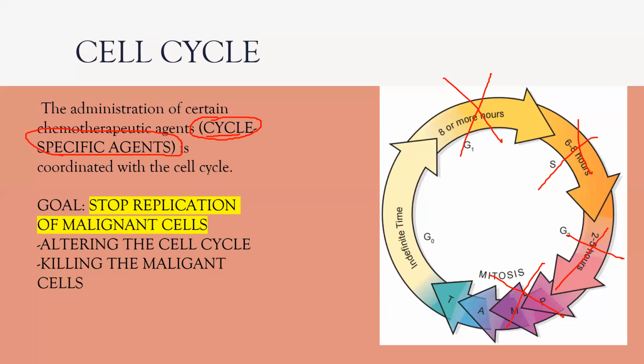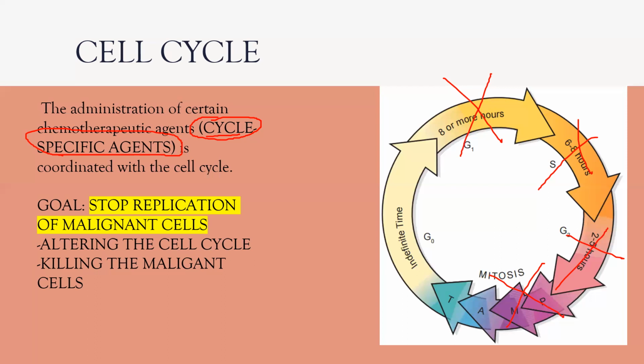But another thing to remember, yun daw pong 100% na eradication ay imposible. Instead, ang goal daw po ng mga chemotherapeutic agents na yan ay yes, to kill the actively proliferating cells, to eradicate them sa pinakamaraming pwede nilang mapatay.